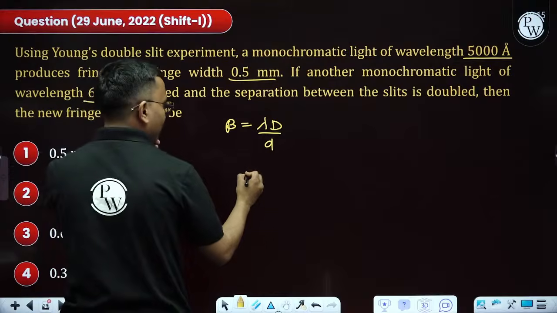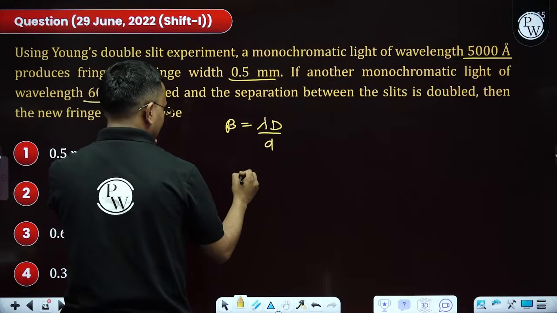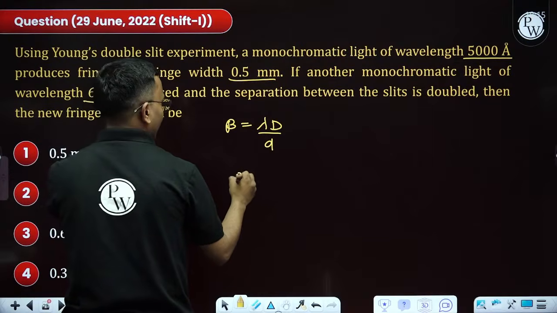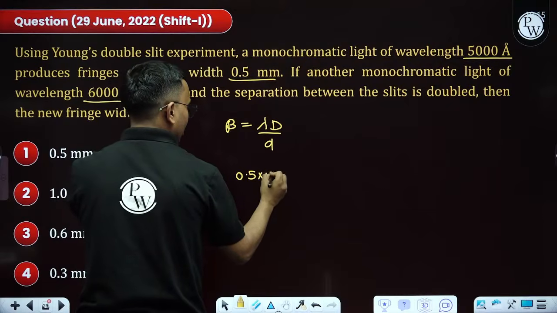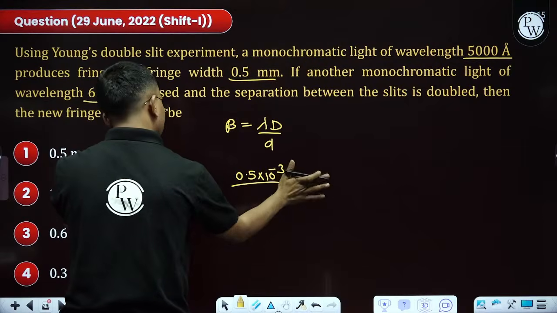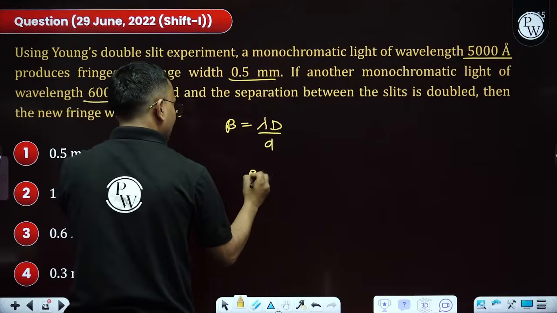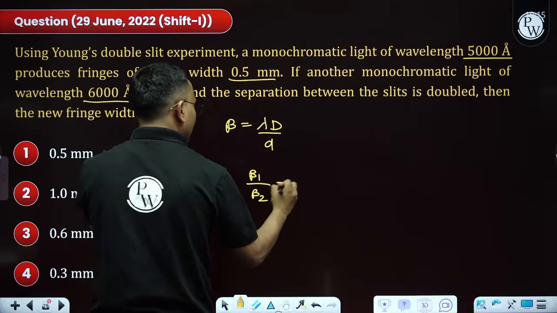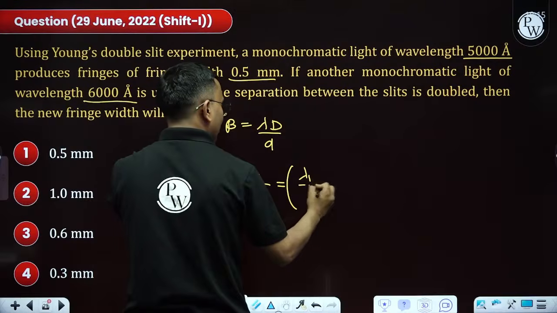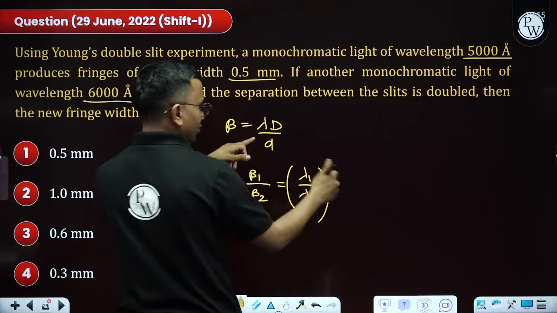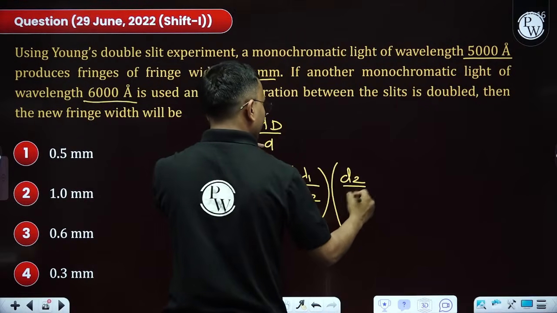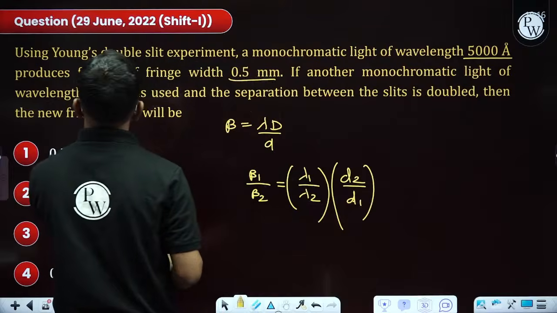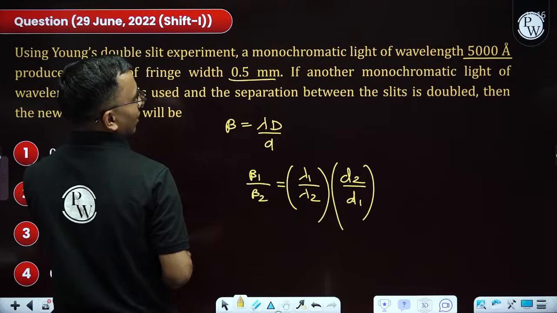So I will say, what is beta 1? 0.5 mm divided by, let us keep in mm only. Beta 1 divided by beta 2 will be equal to lambda 1 divided by lambda 2, capital D is not changed, into d2 by d1. What is lambda 1? 5000.